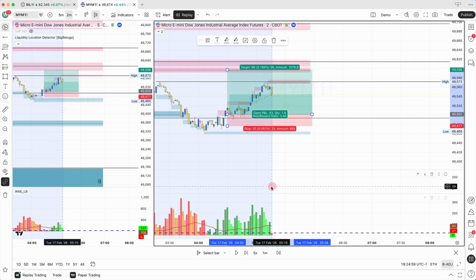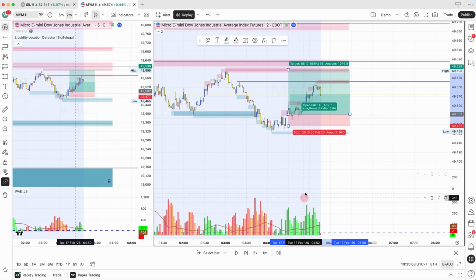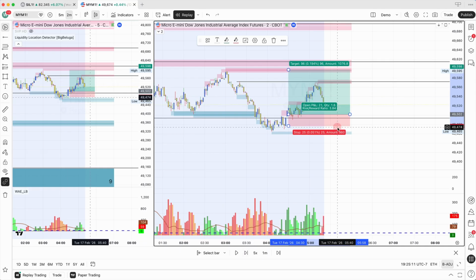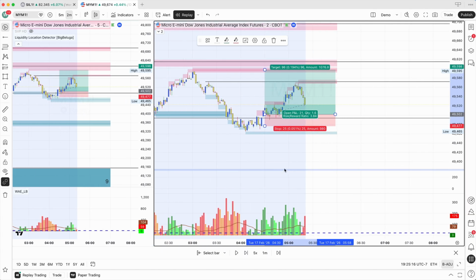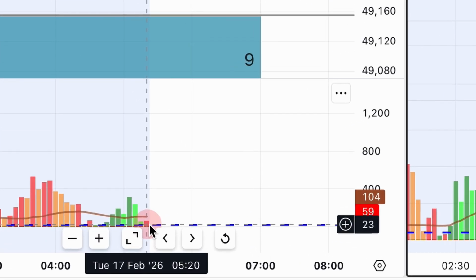Now, if I was really trading this, I would have been paying attention to my volume bars. And because I'm on a 2-minute time frame, I've got 2 minutes to look at my chart. I could have seen that, oh, look, I've got a red volume bar appearing on the 5-minute chart over on the left-hand side.